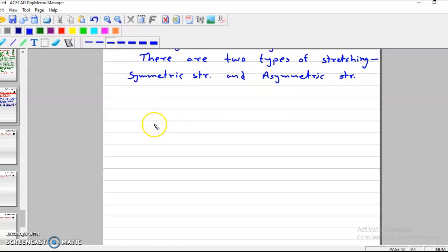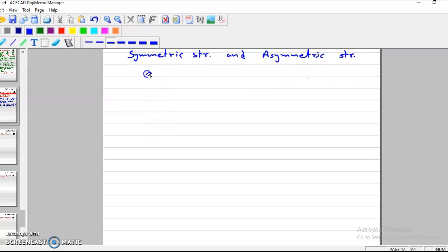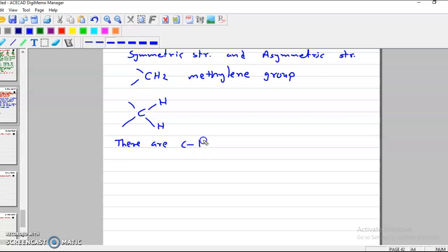Let us take example. Methylene group. In this case, carbon is sp3 hybridized. This is methylene group, and here there are two CH bonds.